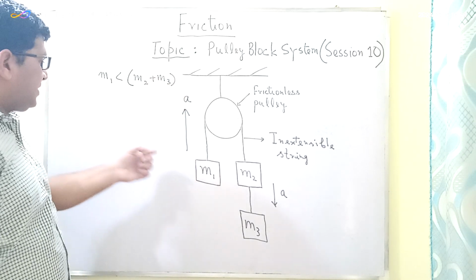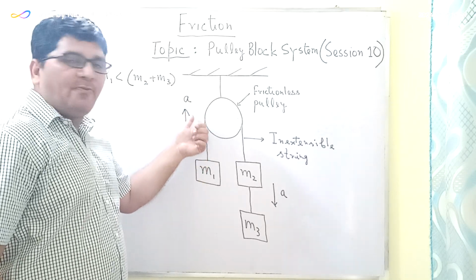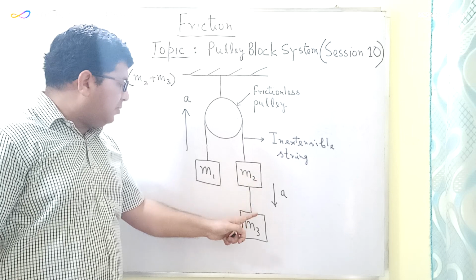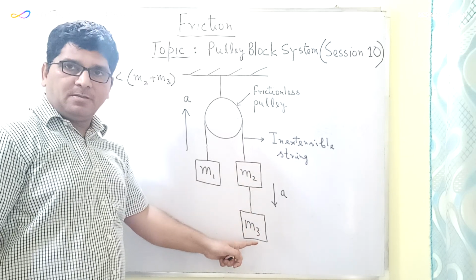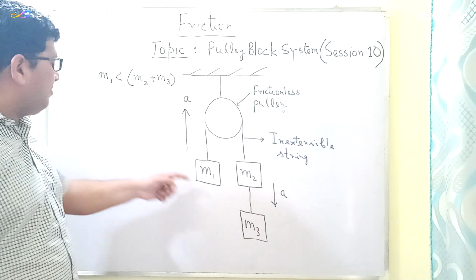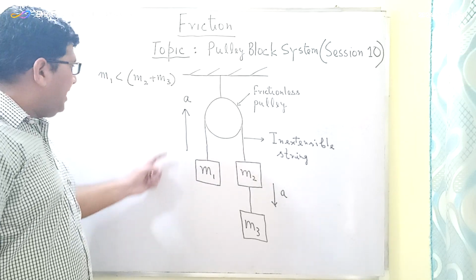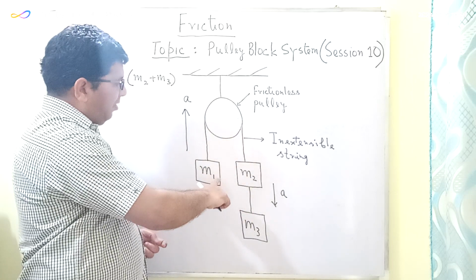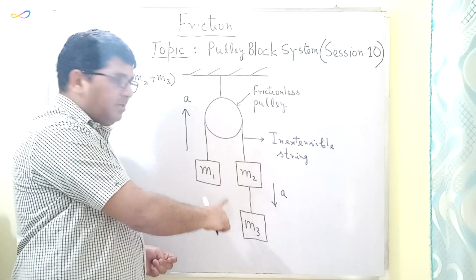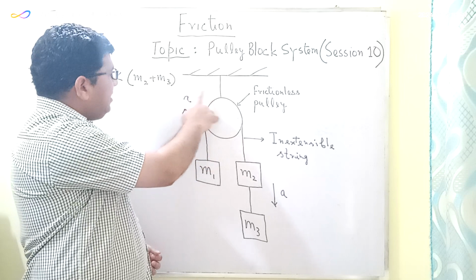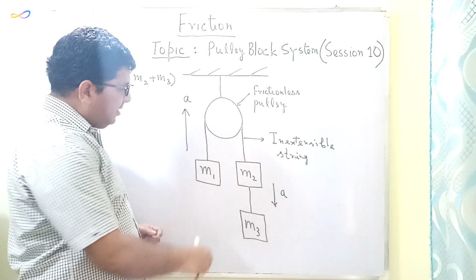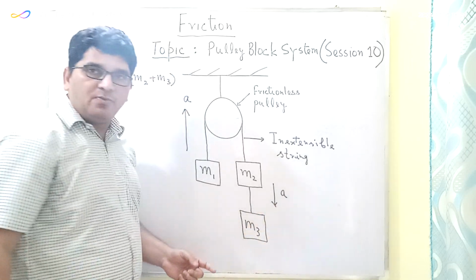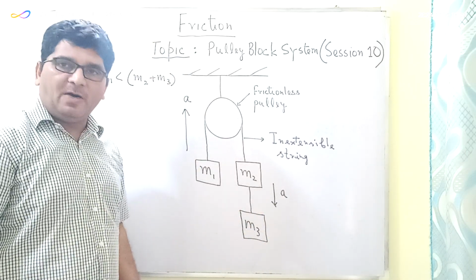Since mass m1 is moving upward, the combined mass of m2 and m3 is more than the mass of m1. As a result, this whole system of three blocks will move with a common acceleration a, such that m2 and m3 move downward and m1 moves upward.